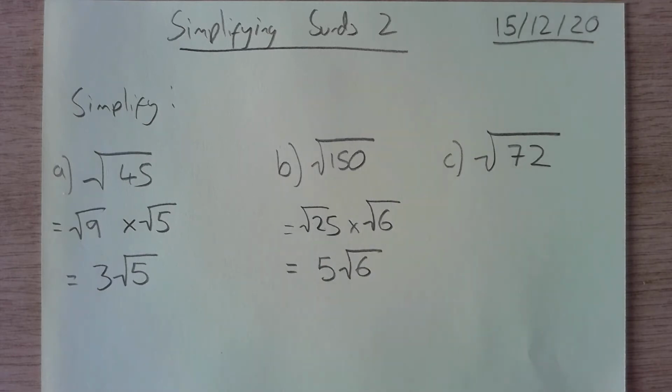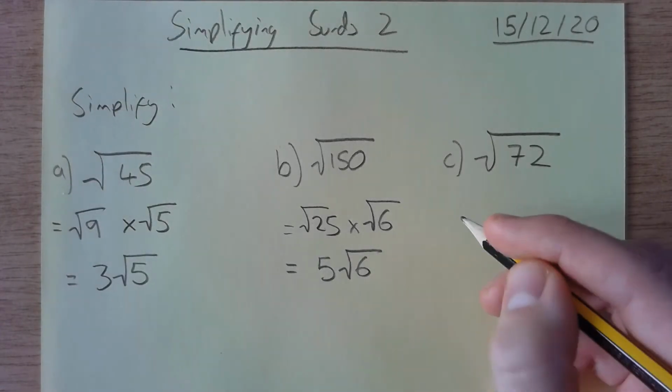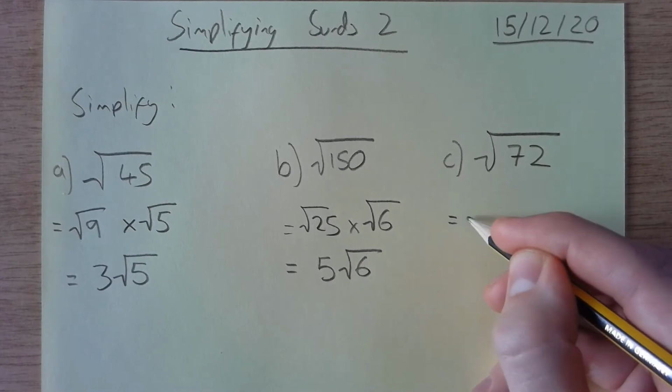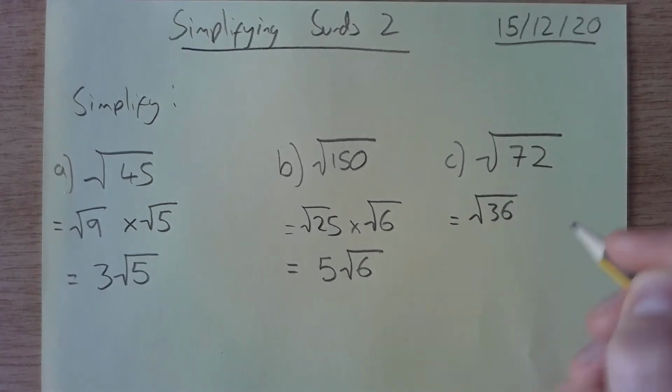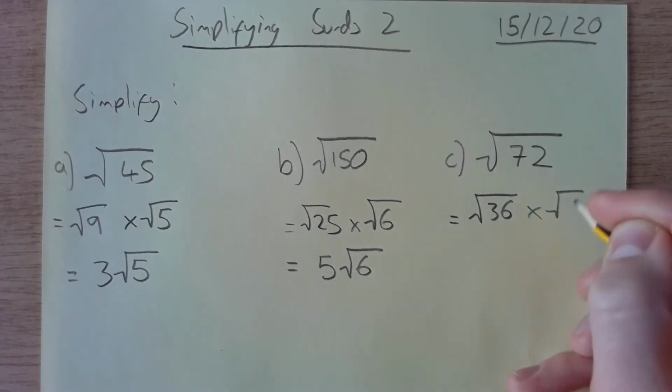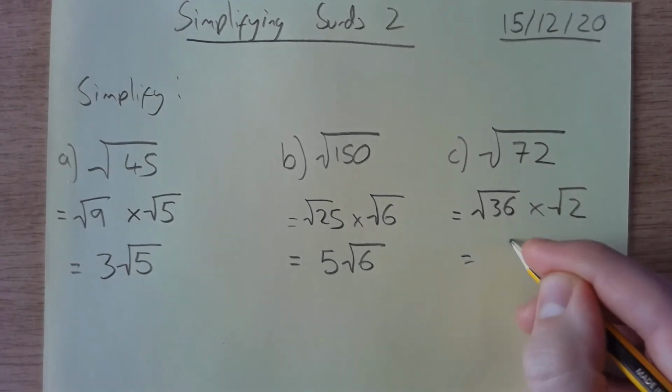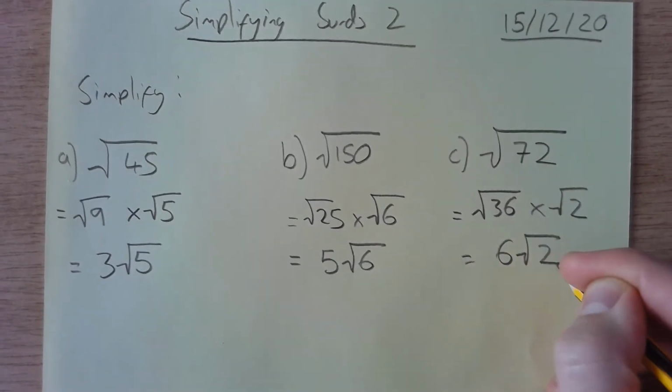The easiest way to do it is to try and cancel it down by the biggest square factor that you can. So the easiest way to do this one is to start off with 36 as the biggest square factor of 72, and make it root 36 times root 2, which gives us 6 root 2.